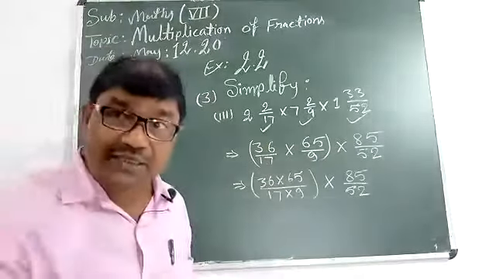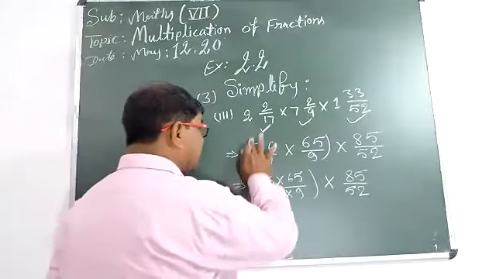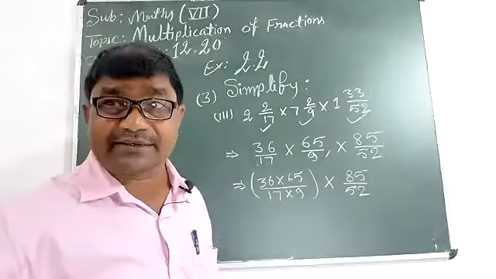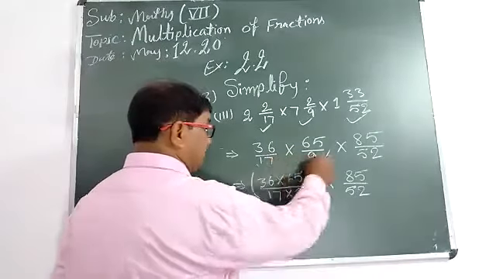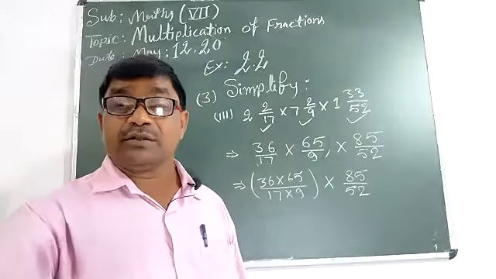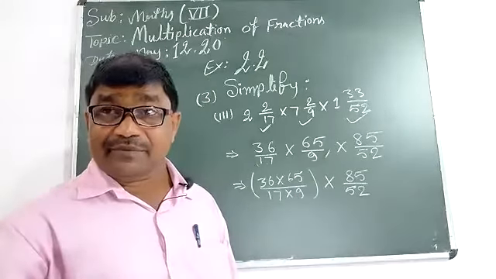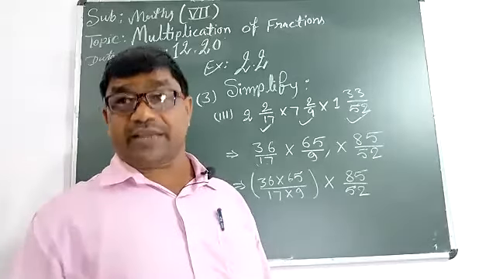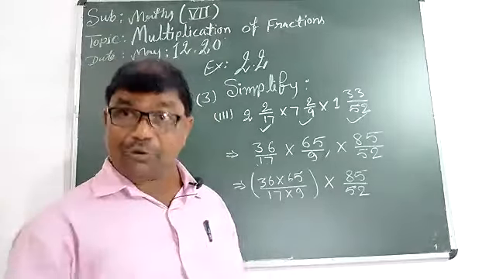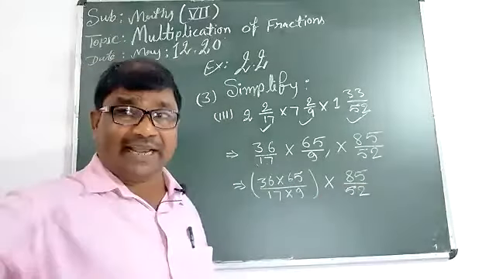Okay. These two, if parenthesis not given, or given, don't mind it. First we should multiply these two and find the product. That product will be the second multiplicand, okay? And the last will be the multiplier. Then we will do the multiplication, okay?